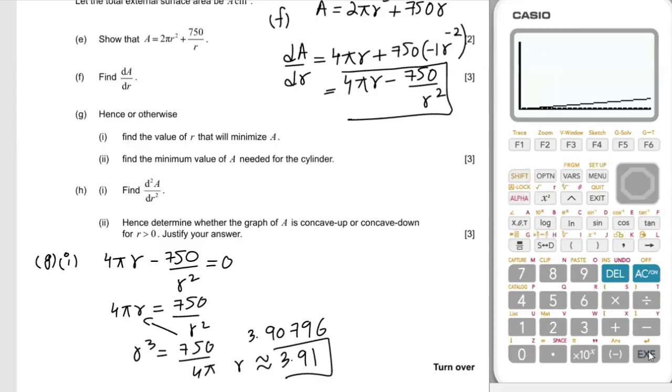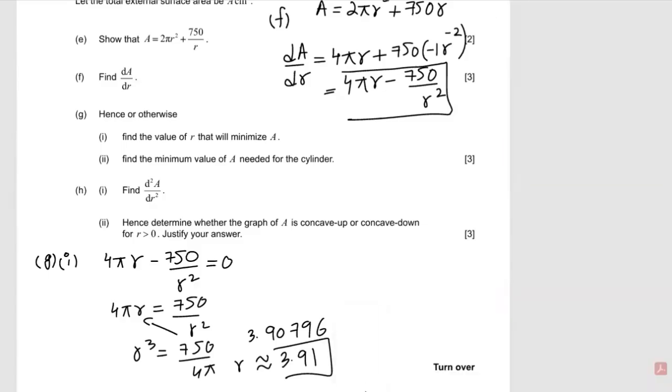So let's go, and I can set the window, just zoom auto, and let's see if I find the root of this equation, right? So G solve, just get the root. Okay, so you can check the root, since the solution of this equation is my stationary value. So another way of solving this would have been this way, right?